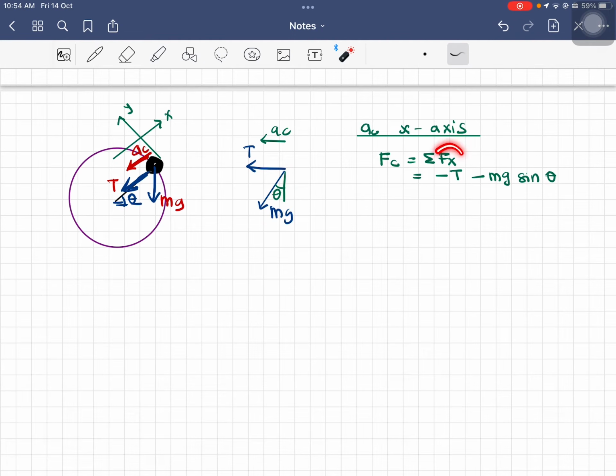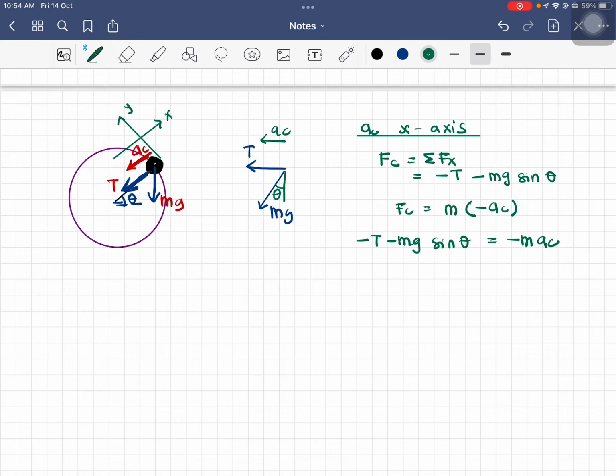So yang kita nak x component saja, negative T minus mg sin theta. Now your FC is equal to m, your AC is negative. Alright. So you will have negative T minus mg sin theta equal to negative MAC. You want to rearrange it to be positive, you can rearrange it to be positive.